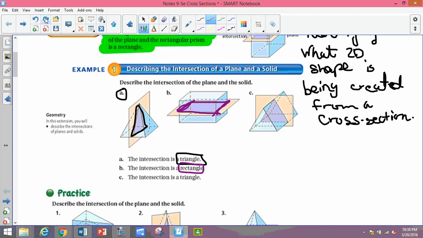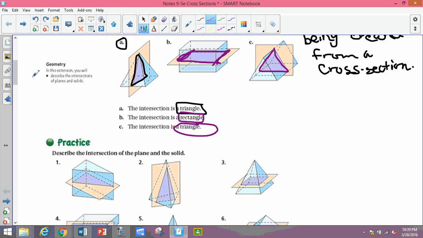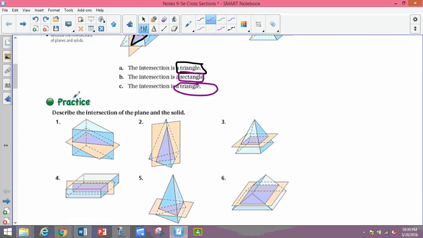And C, if you take a triangular prism, so that blue piece, and you slice it with the pink piece, you're going to end up with a triangle as the purple piece. Okay? That's a cross section. All right?